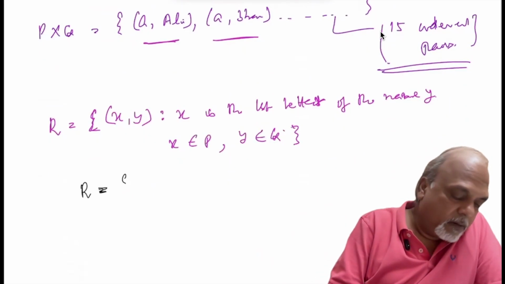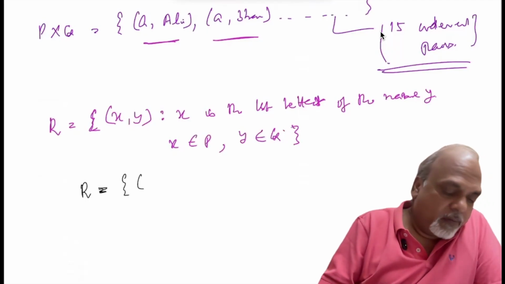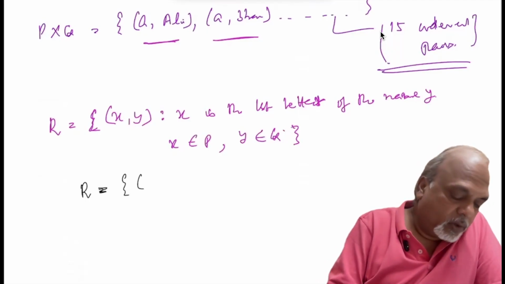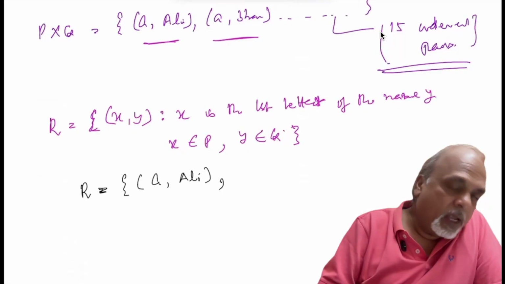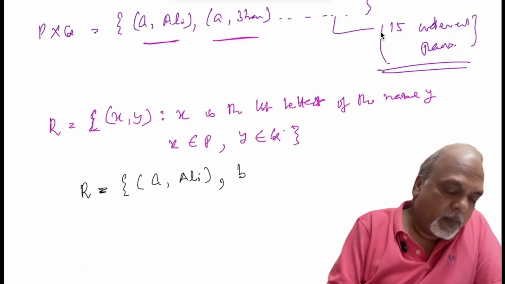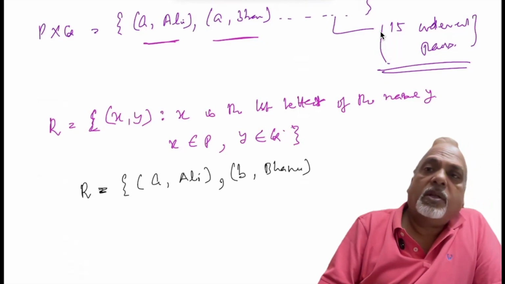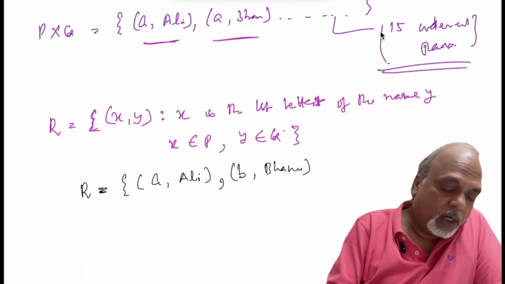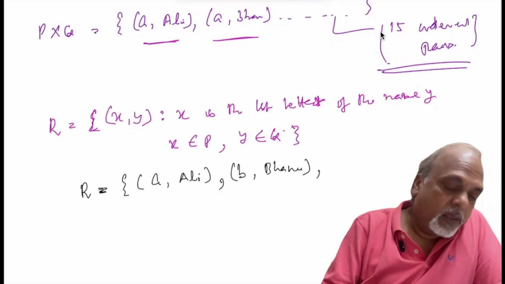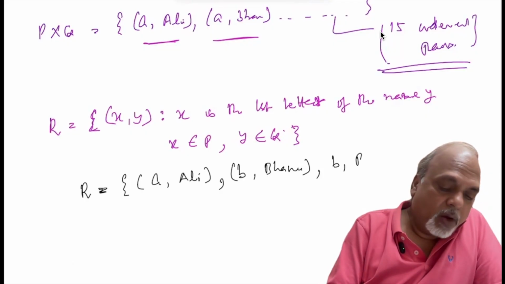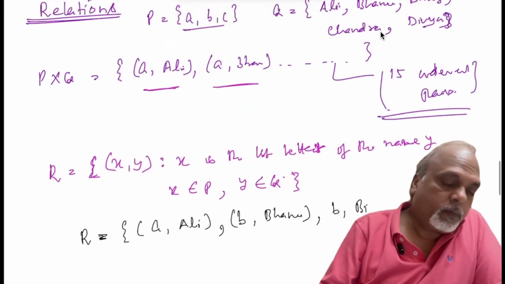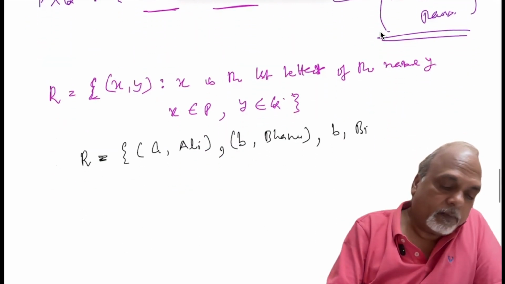Then what will this be? You can have the ordered pairs like this. A, Ali starts with A, then B, Bhanu, Bhanu starts with B. Then we can write B, Binoy, Binoy is there.